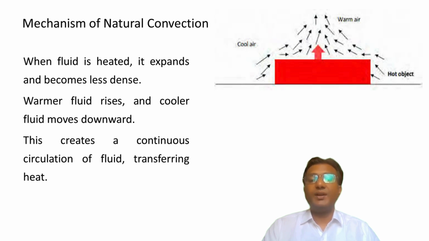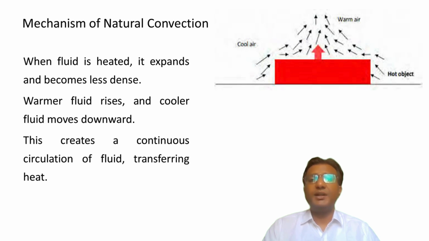This process is self-sustaining as long as a temperature difference exists. The strength of the circulation depends on the temperature gradient, fluid properties like viscosity, and the geometry of the surface.